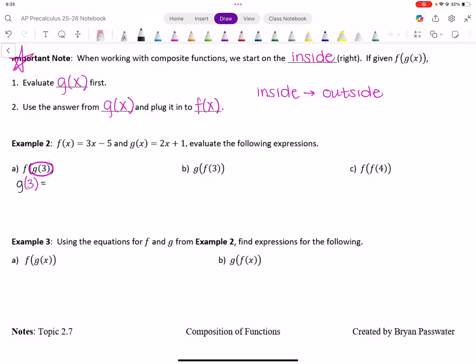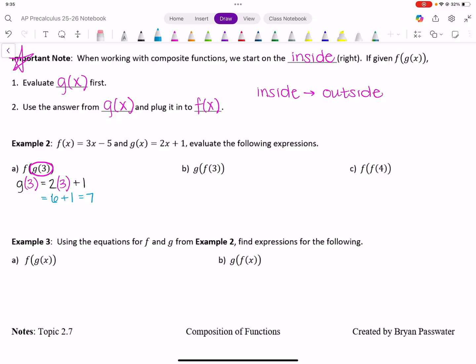So g of 3 would be 2 times 3 plus 1. Then we multiply, so 6 plus 1, which gives us 7. So we know g of 3 equals 7.